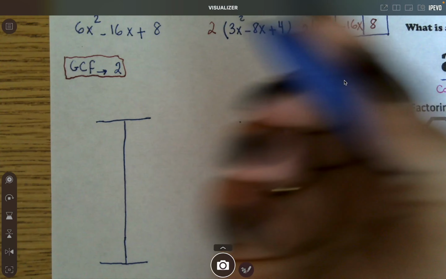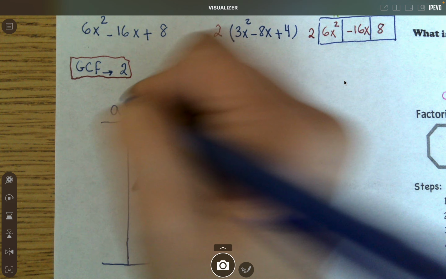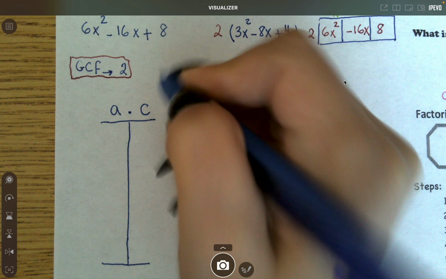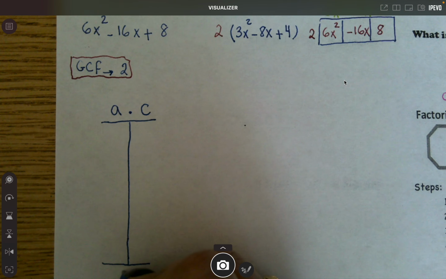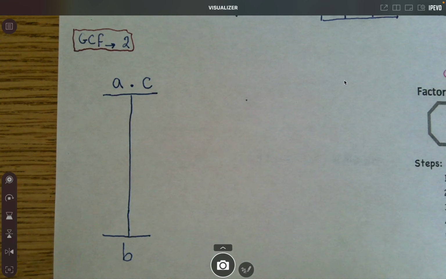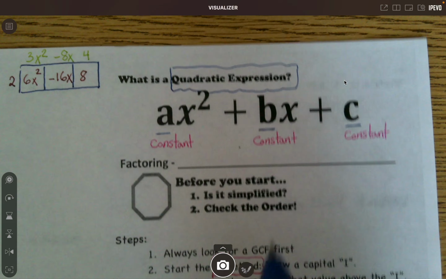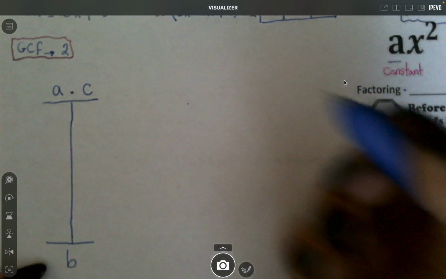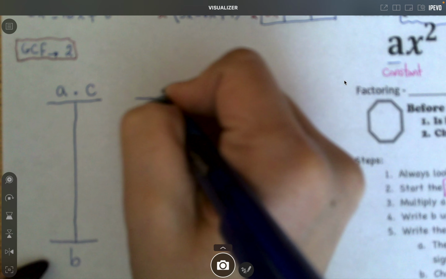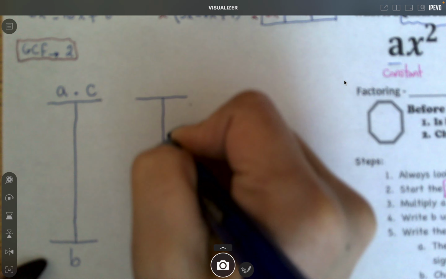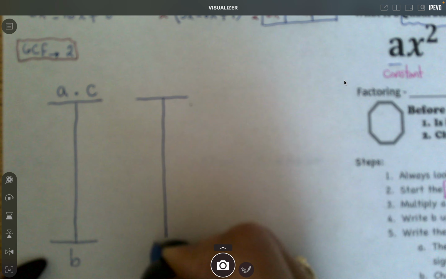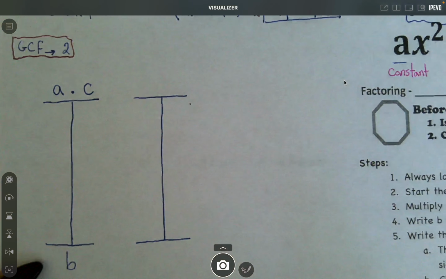Then put A times C here and B down here. What is A? What is C? What is B? Remember, A, B, and C. So I'm going to draw another one, just to put the actual A, B, and C.